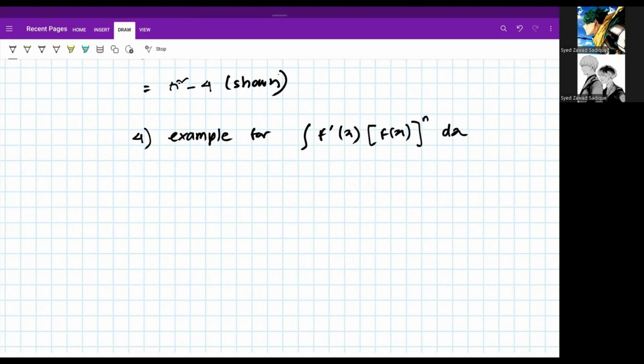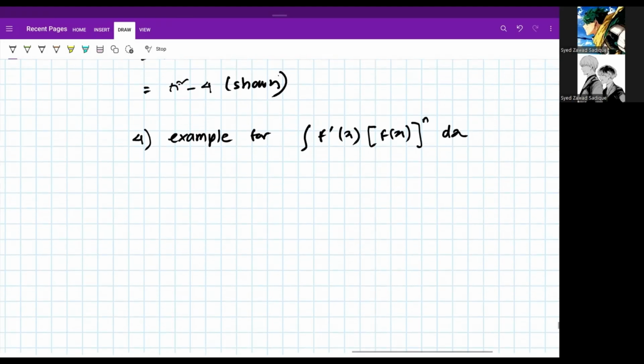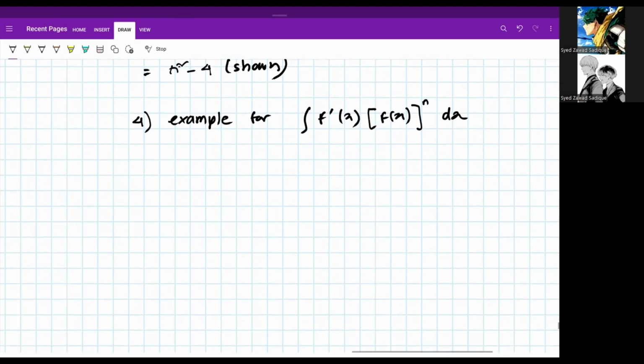So this is the example for this unique integration by parts formula that is nowhere given in our data booklet nor shown in any mark scheme.